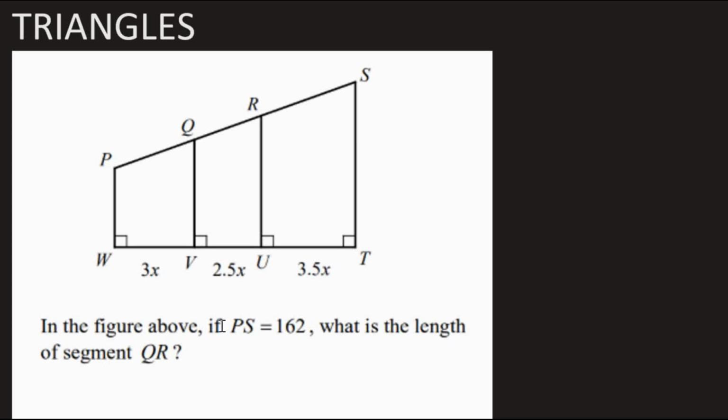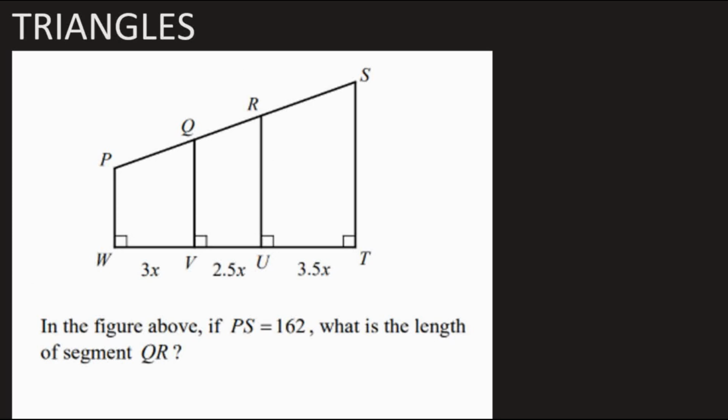In the figure above, if PS is equal to 162, what is the length of the segment QR? And here we can see that there's a right angle in here. So all these 4 lines, they are parallel.